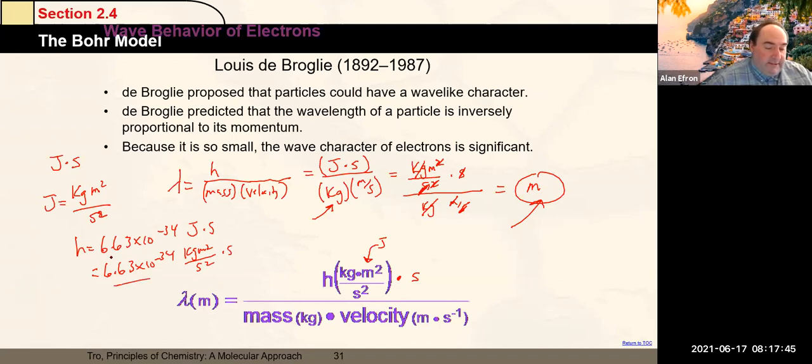So although the units technically do change, this number doesn't change. So the key on using de Broglie's wavelength is you got to make sure your mass is in kilograms and your velocity is in meters per second, to make sure that everything does cancel out correctly. Any questions on that there?